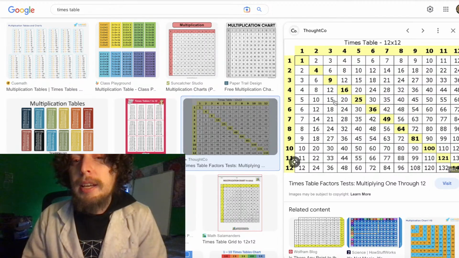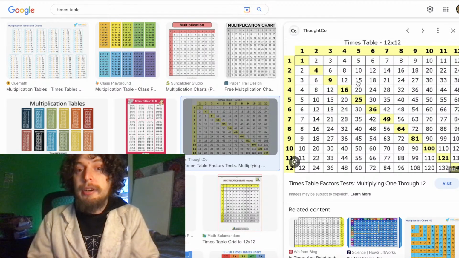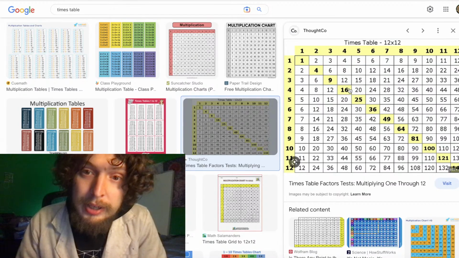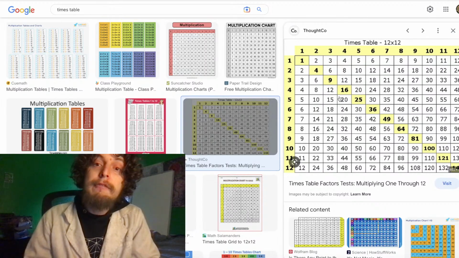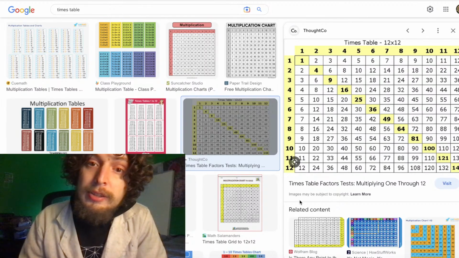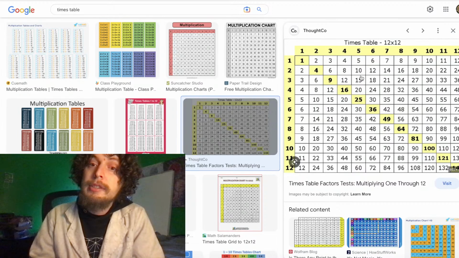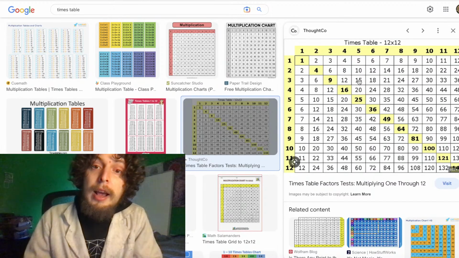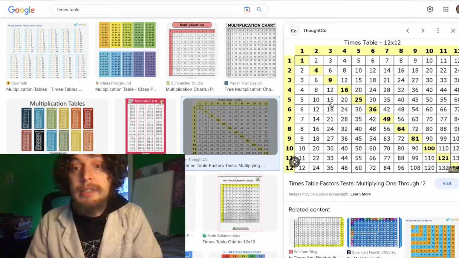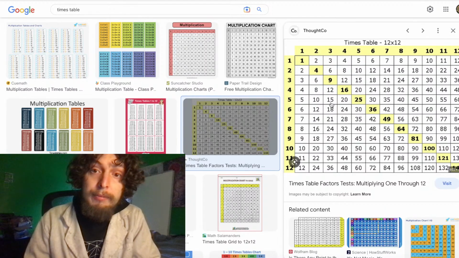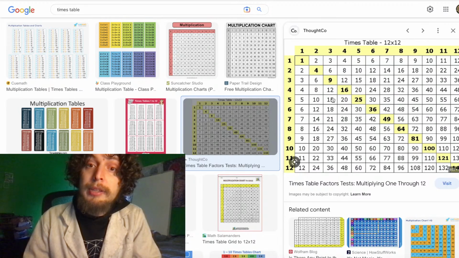And what they don't tell you also when you're first learning your times tables is if we count the appearances of most numbers, they come an even amount of times because this is symmetrical. 3 times 5 is the same as 5 times 3. And because of the symmetry, because A times B is the same as B times A, we get double appearances of anything not on the diagonal.